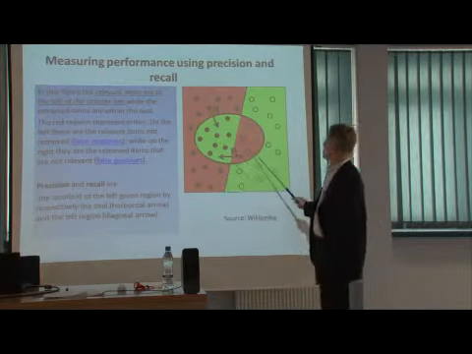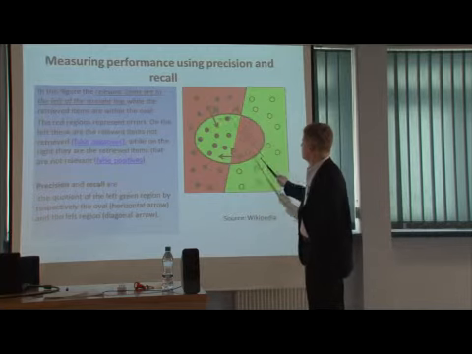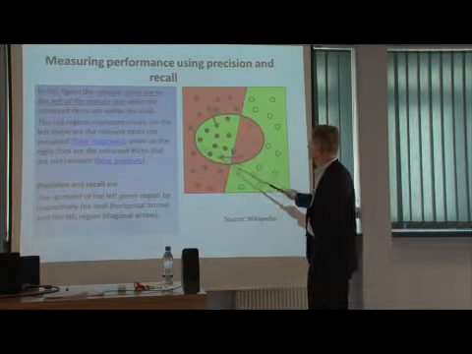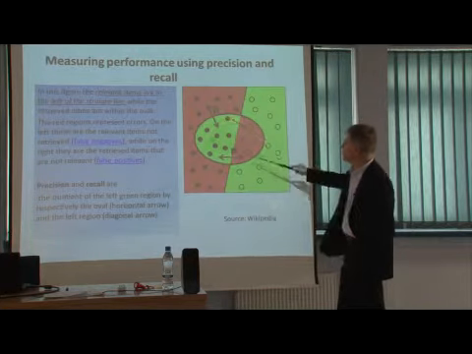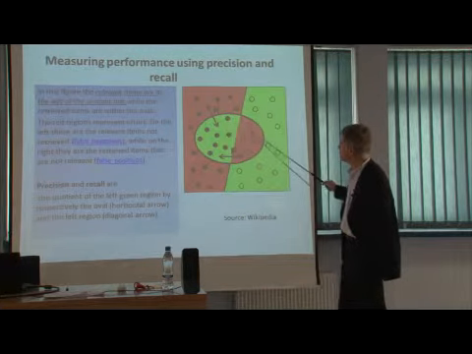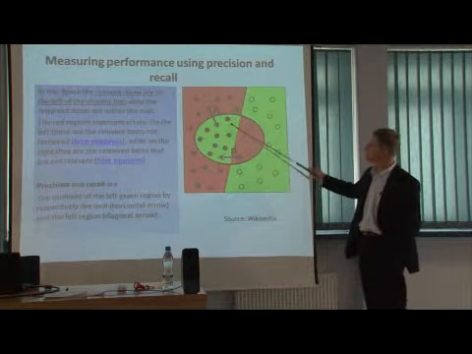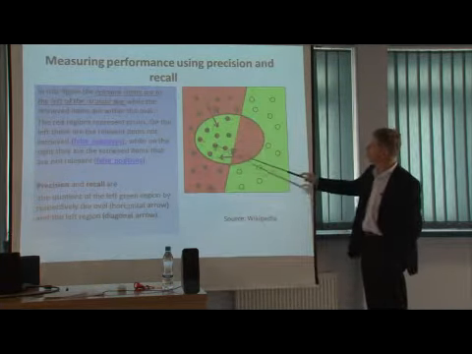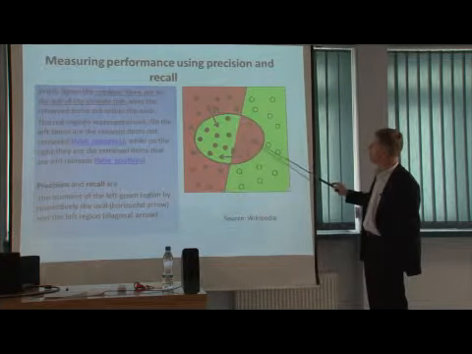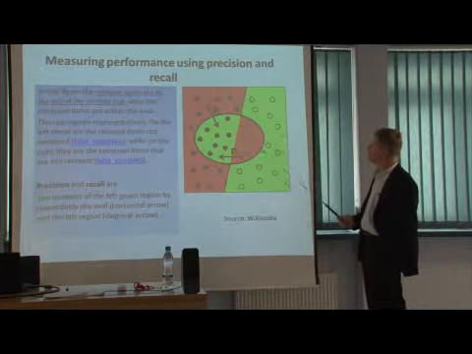So precision says, if we retrieved these documents, how many of the retrieved are correct? So in this case, what will be the precision? How many dots do we have here? 1, 2, 3, 4, 5, 6, 7, 8, 9, 10, 11, 12. We have 12 dots.